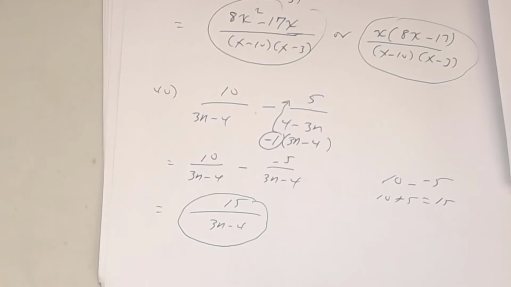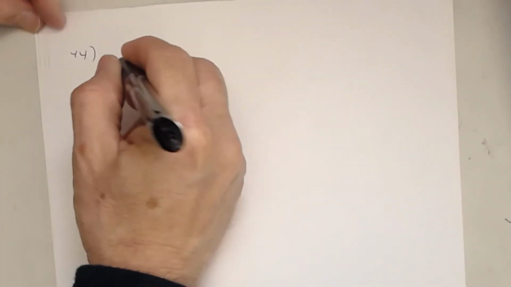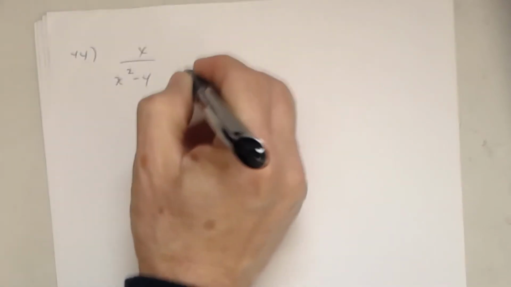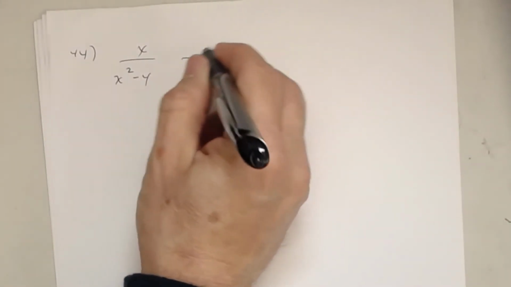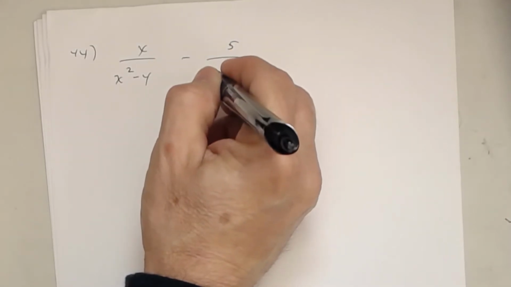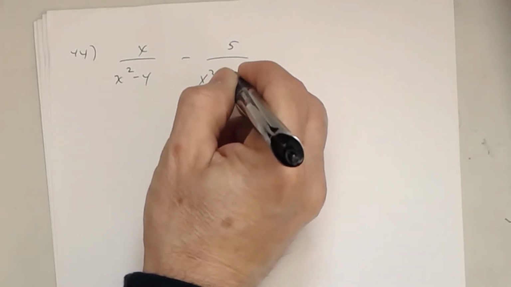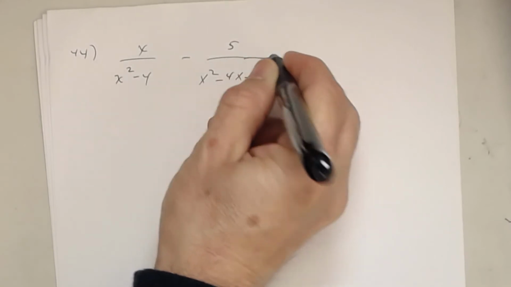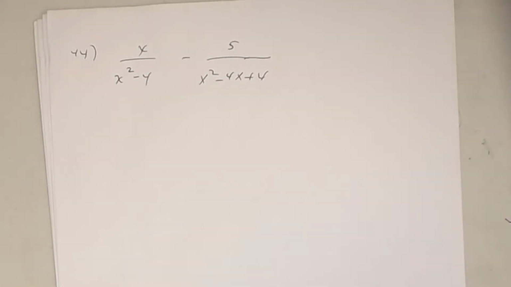All right, 44. Now you have x divided by x squared minus 4, minus 5 divided by x squared minus 4x plus 4. All right.